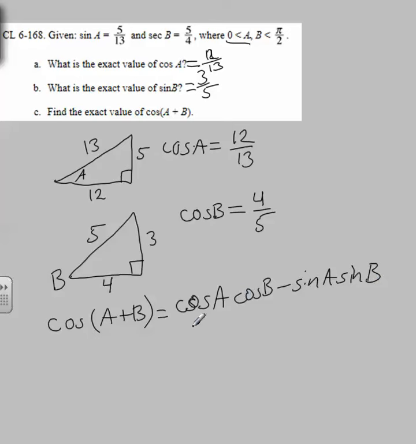Now I'm going to do some substitution from up above. I know that cosine of A is 12/13. I know that cosine of B is 4/5. I know that sine of A is 5/13.